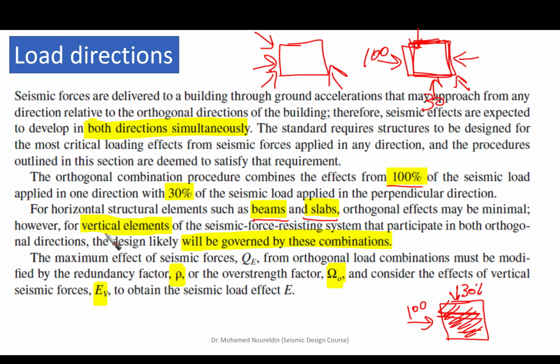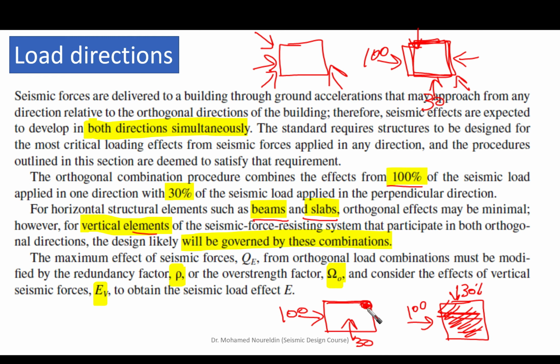However, for vertical elements, which means columns or shear walls of the seismic force resisting system that participate in both orthogonal directions, the design likely will be governed by these combinations. Because if we have a plan here and a column here in the corner, with a component from here and a component from here, this is 100%, this is 30%.